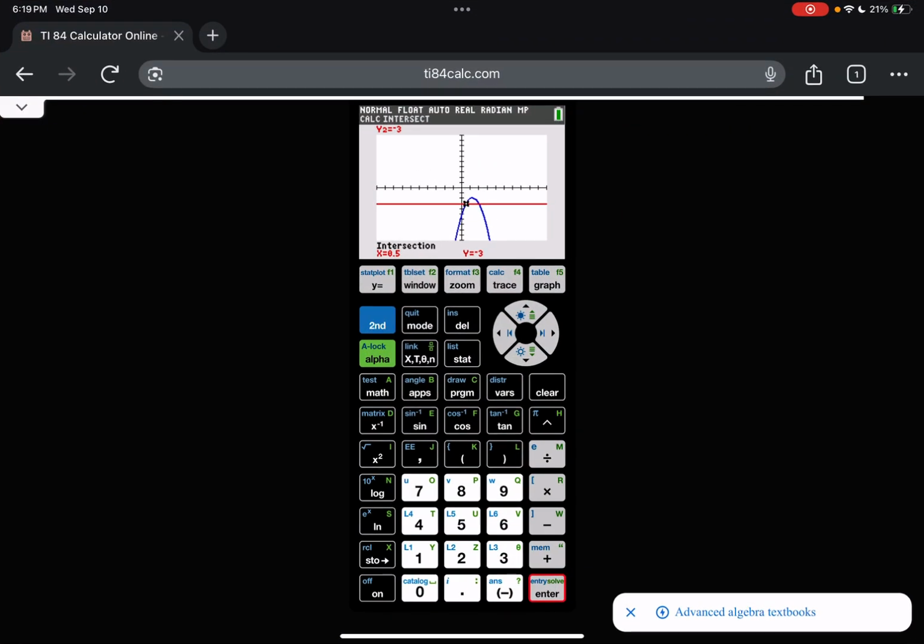The second one, we need to do it again. Go down to intersect, and now we want to arrow over to the other intersection. We're going to hit enter 3 times, and we can see that it is 2. So essentially, you're graphing a line at the output value, and you're finding the 2 input values for which your function hits that line.